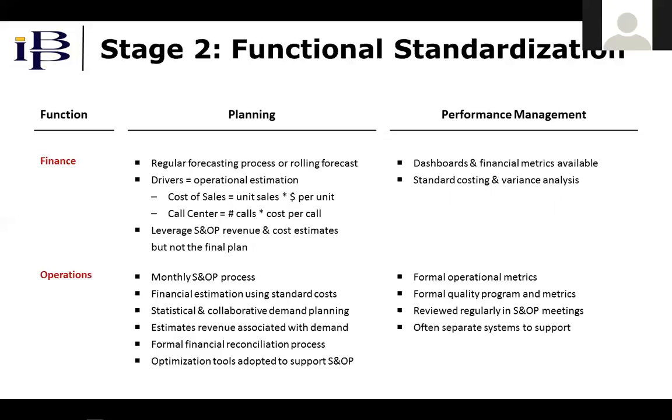And the characteristics of functional standardization: from a financial perspective, many companies have done a lot of this already. They've purchased some sort of corporate performance management system to automate their budgeting processes. Same thing with operations. They may have bought a sales and operations planning system.